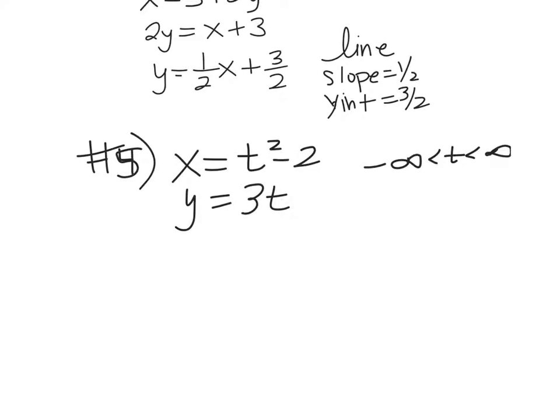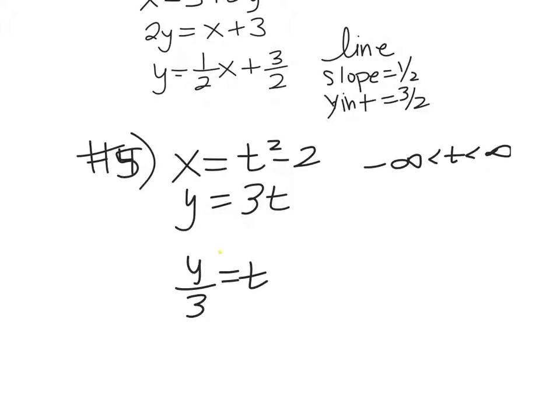All right, so for this one, the last one I didn't have to solve for y, but this one you should solve for t in the y equation. Because t is squared up here, you don't want to solve for that. You would have plus and minus. So let's solve for t. We get y over 3 equals t.